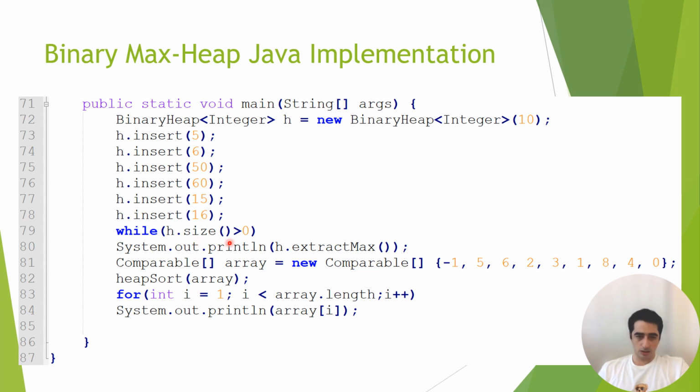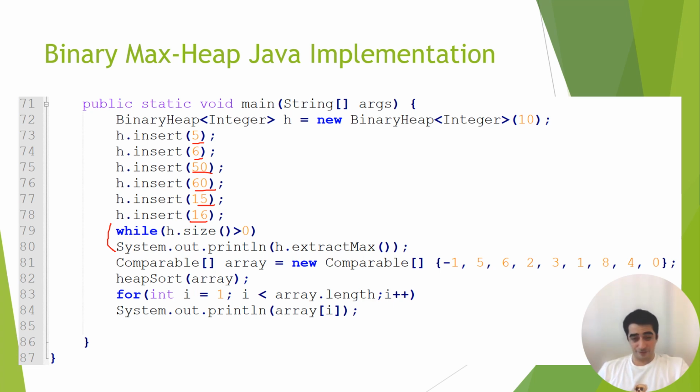And then I start extracting the maximum using this while loop. The first thing that will be extracted would be 60 because that's the maximum value. So we will see 60 on the output. Then you will see 50, then 16, then 15, then 6, then 5. That's what the outcome of this while loop will be.